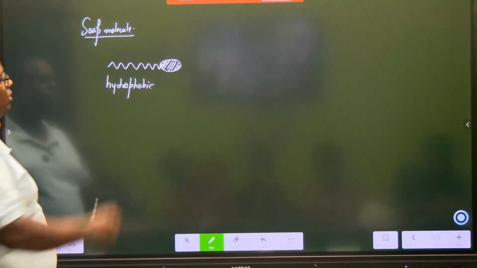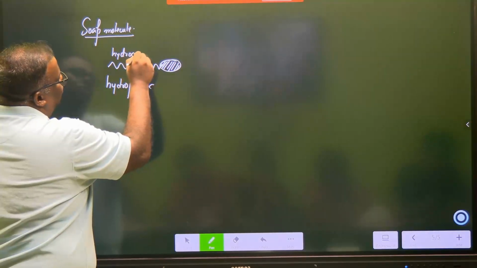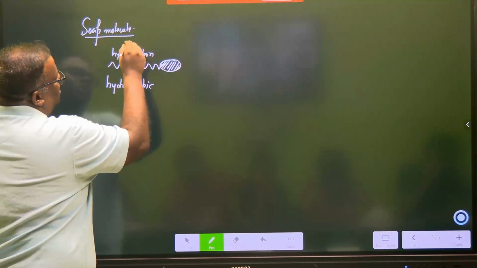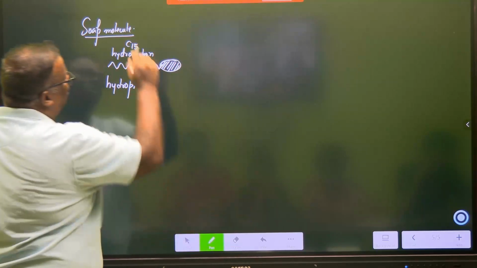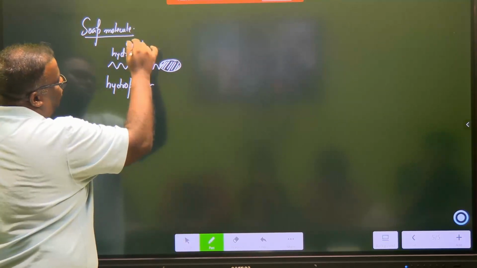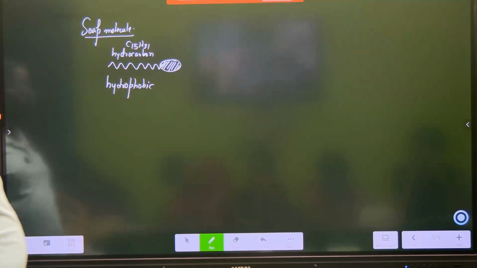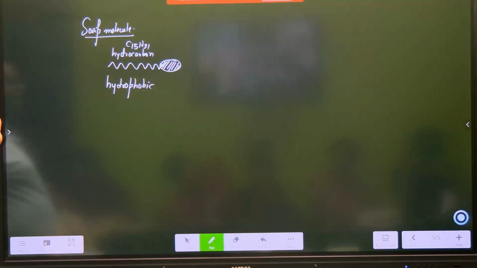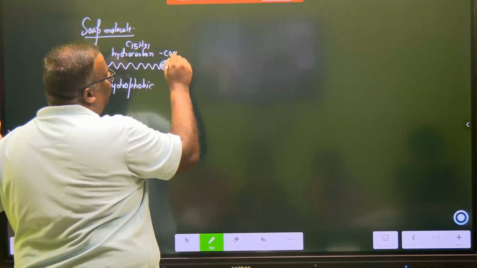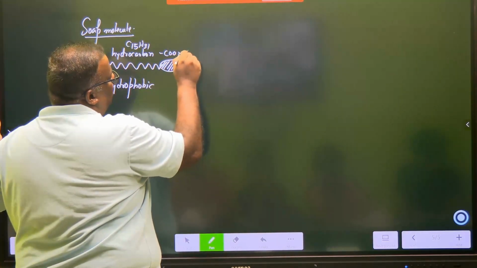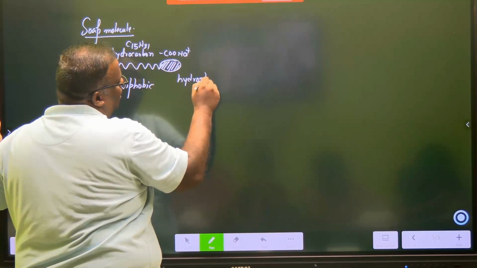Right? So this is actually the hydrocarbon part. Means this is my C15. Not necessary, but for your interest, I'm saying this is the C15H31 part. Do you get it? And then the head. The head is the COO-Na+ part. This is hydrophilic.